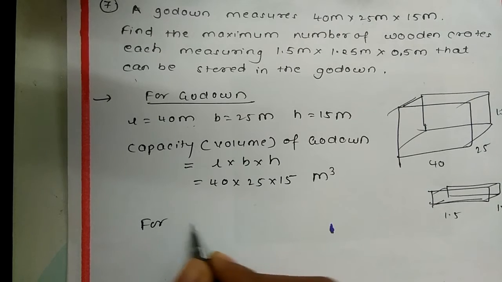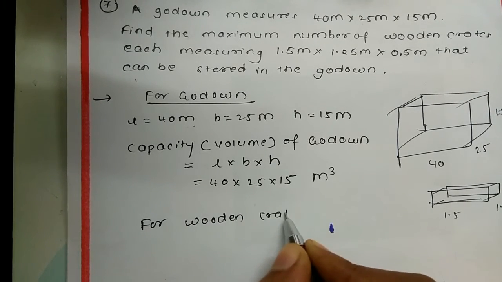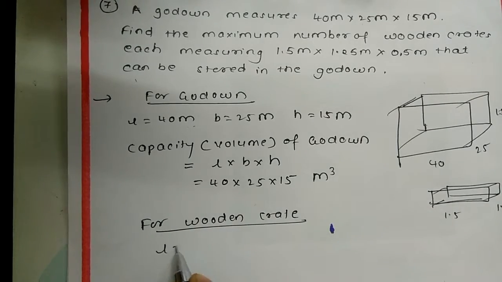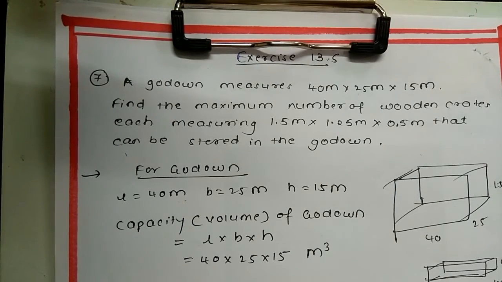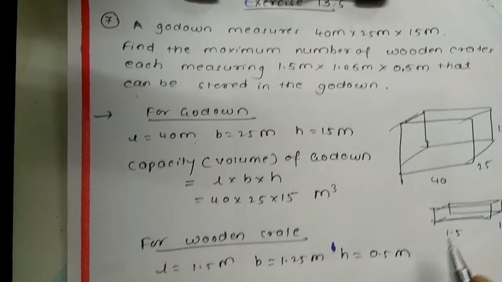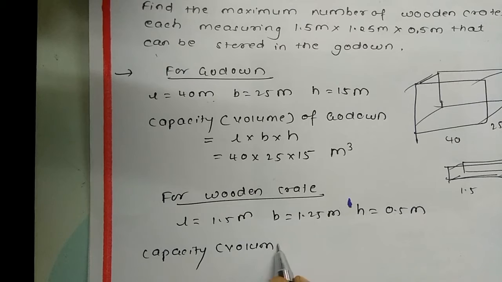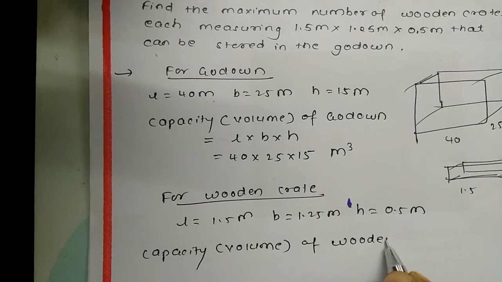Now for the wooden crates. The wooden crates are also in the form of a cuboid. Here L is given as 1.5 meter, B is 1.25 meter and H is 0.5 meter. Find the capacity or the volume of one wooden crate, volume being how much space it will occupy.